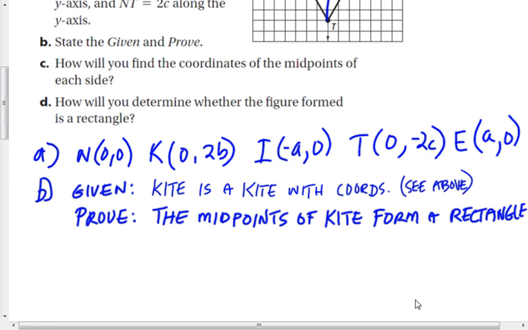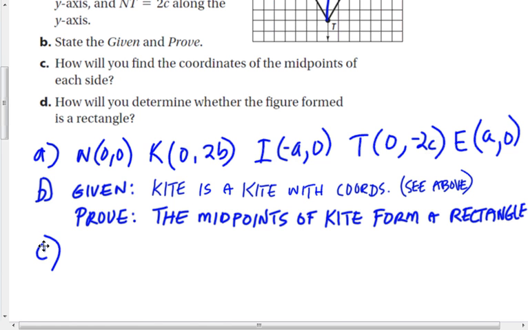The way we're going to do that, and that's part C here, is we are going to use the midpoint formula to find the midpoints of each side. And then to determine whether or not it's a rectangle, we're going to use the midpoint and distance formulas to show that the diagonals of the quadrilateral formed by the midpoints are congruent. So if we have congruent diagonals, then we have a rectangle.